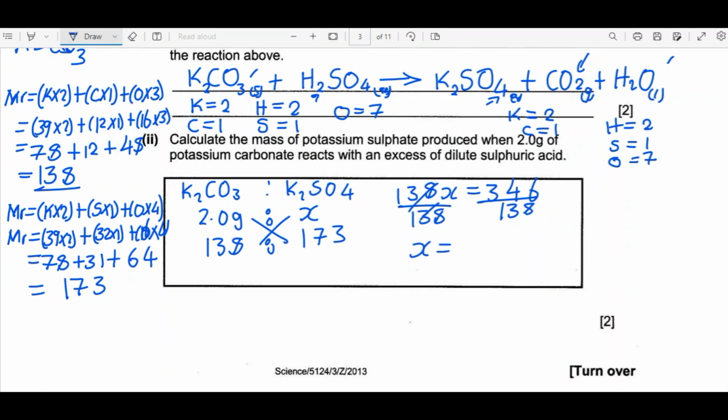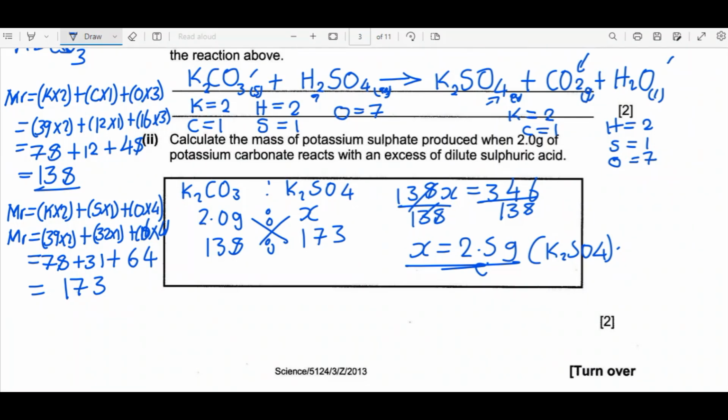Then x is equal to, so I'm getting 2.50, which is 2.5 grams. So this is the mass of potassium sulfate. Okay, so this is how we can carry out a calculation like this.